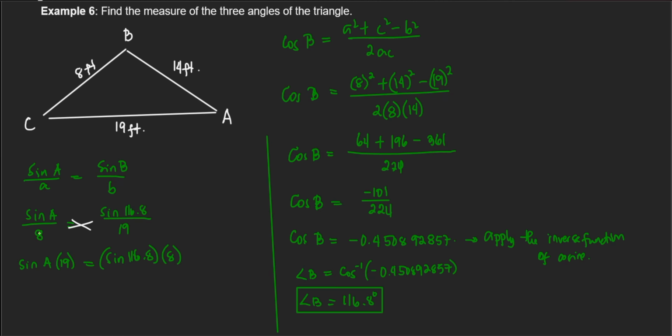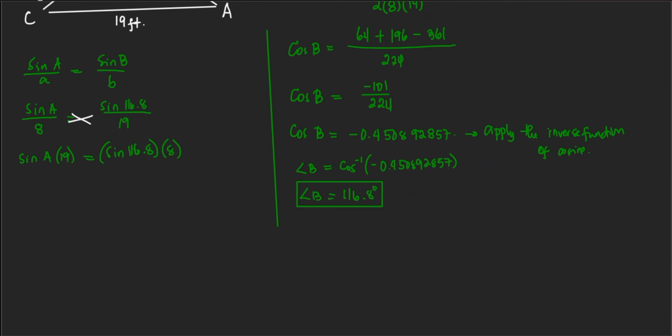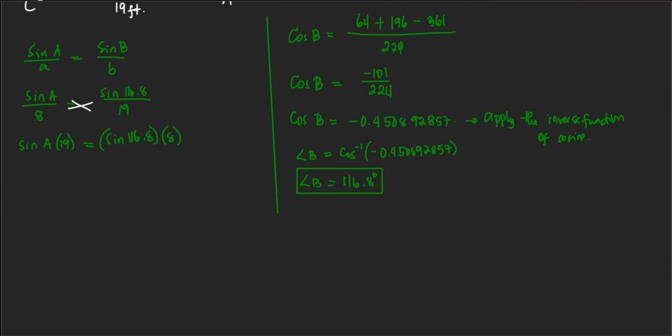Now this part, you can divide both sides by 19 para matanggal po natin si 19. So, this cancels out. So, sine A is equal to sine 116.8 multiplied by 8.